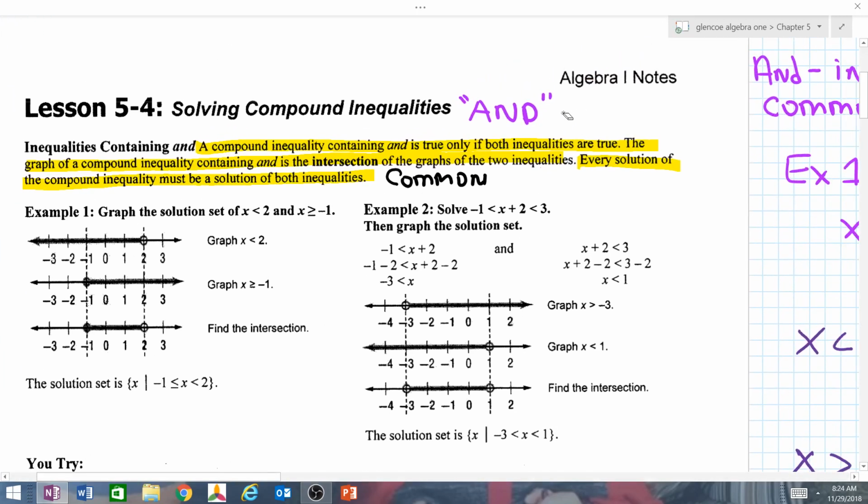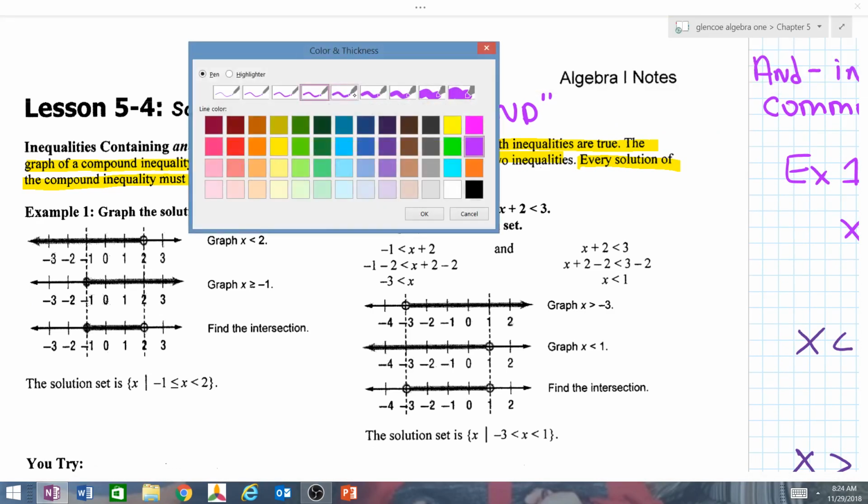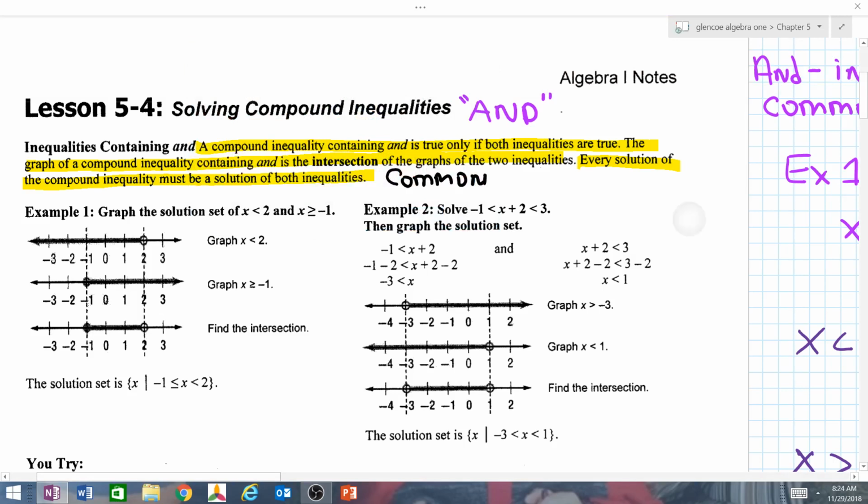It means what they have in common, or another way of saying it is the intersection of the two graphs. It means intersection or what the two graphs have in common.